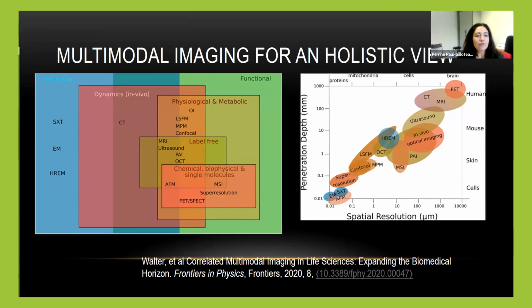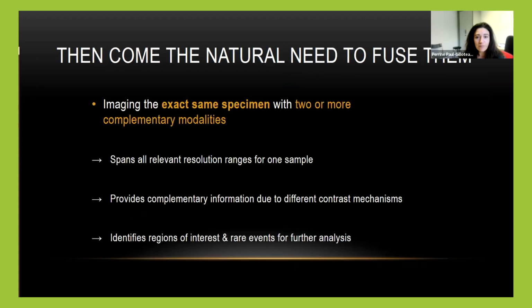Each will actually offer a lot of different information from the structural point of view, dynamics, physiological, functional, chemical information, and this at very different scales or penetration depth also. And then comes the natural need indeed to fuse them, or to try to merge these different information and to get the best of all these modalities.